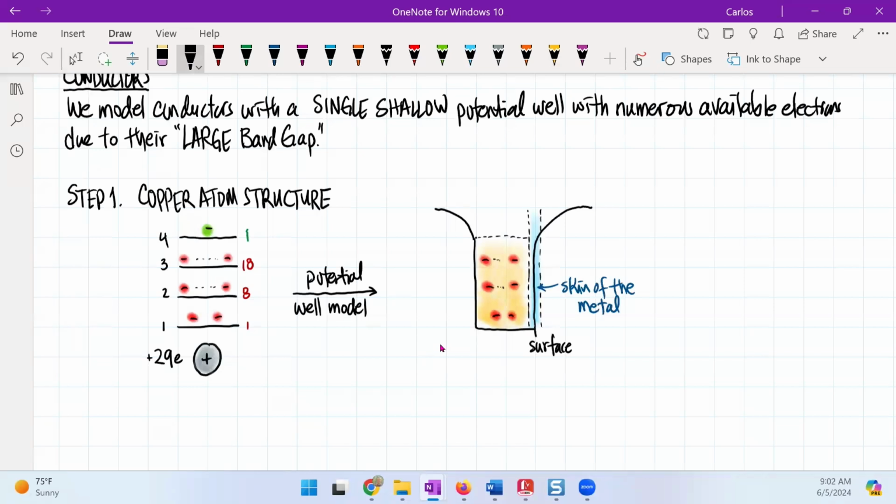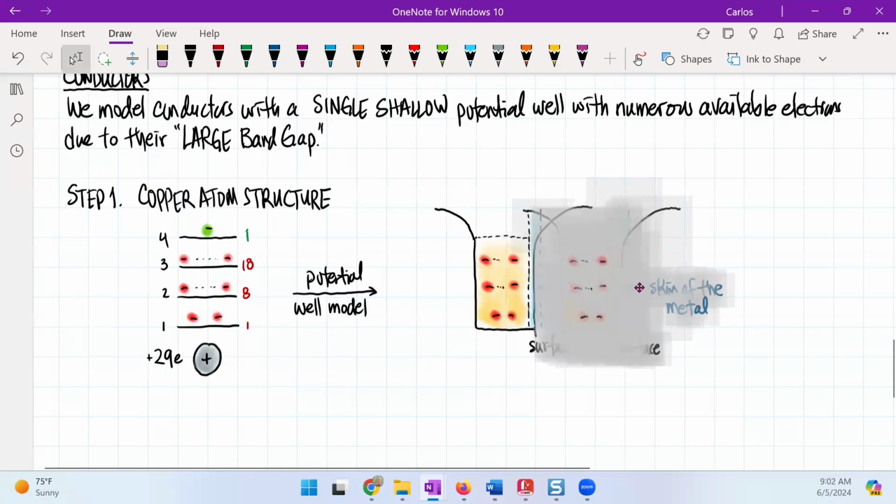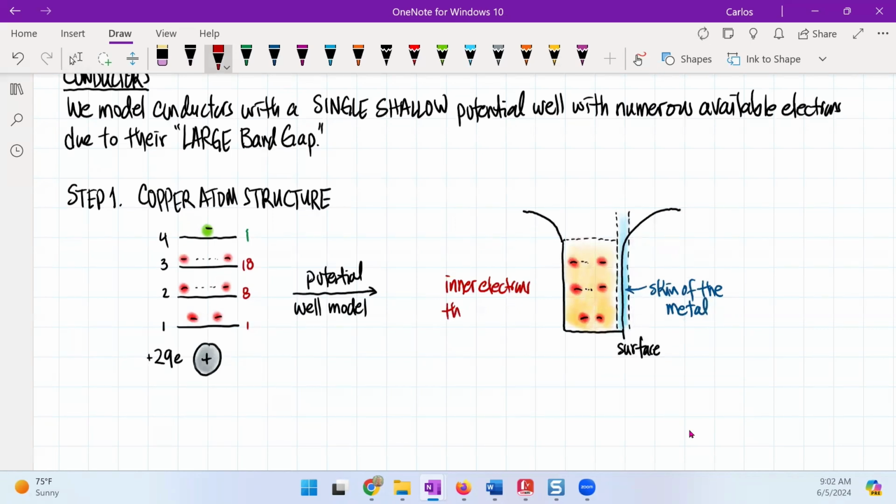So in here, you know what, I'm going to move this over because I'm going to run out of space. You're seeing here that these are the inner electrons that are not available.